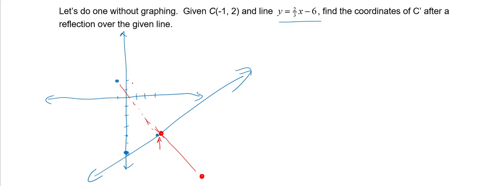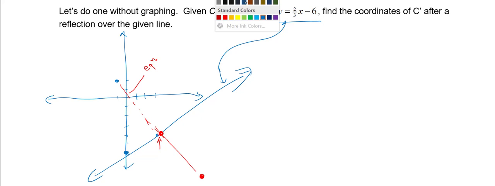I'm going to find the equation of the red line, and I already know the equation of the blue line. It's that one right there. So the equation of the red line: the slope's going to be the opposite reciprocal, right?